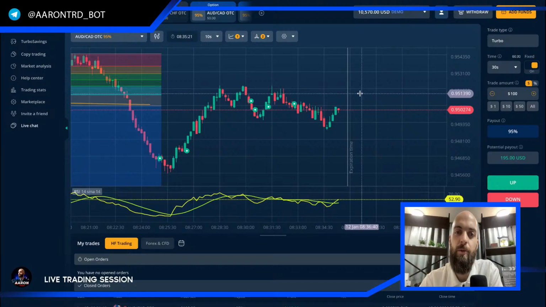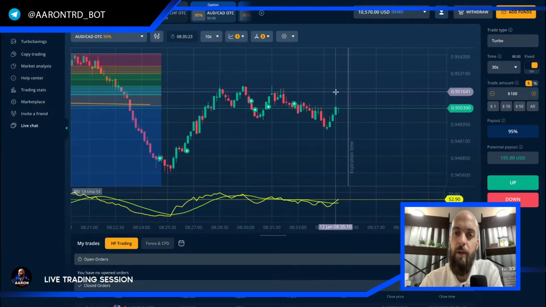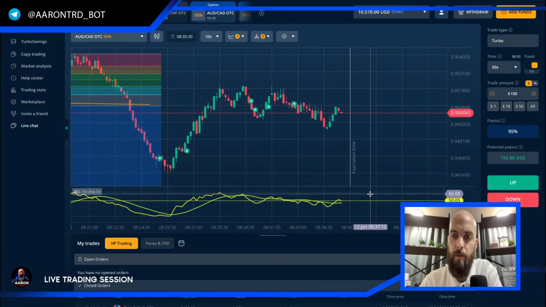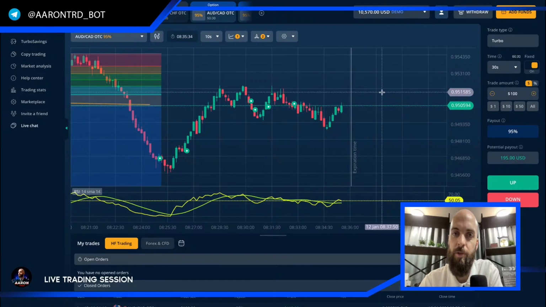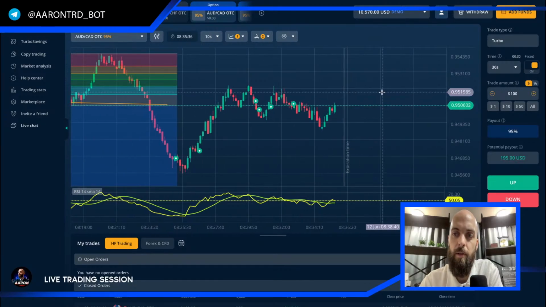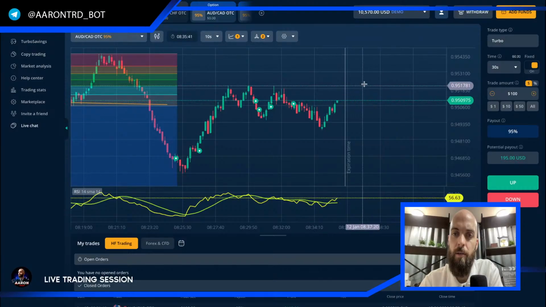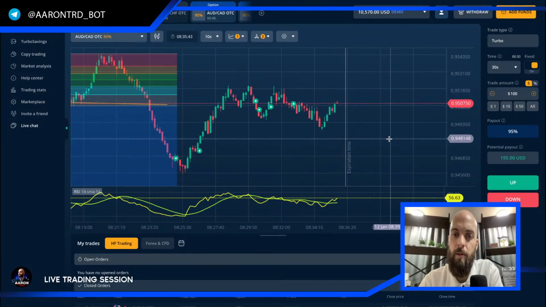If we get into this zone again, that's prime time for a short. Okay, price wanting to stretch a little bit. Yeah, I like that. Setting up for some divergence.